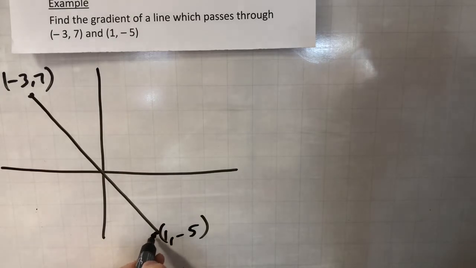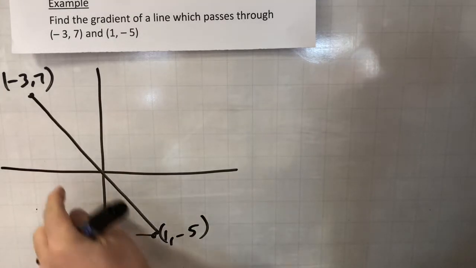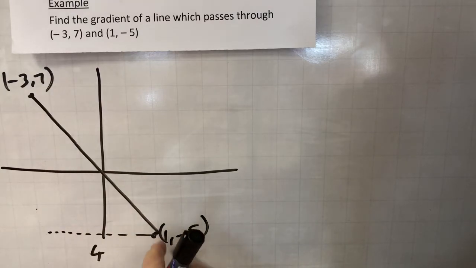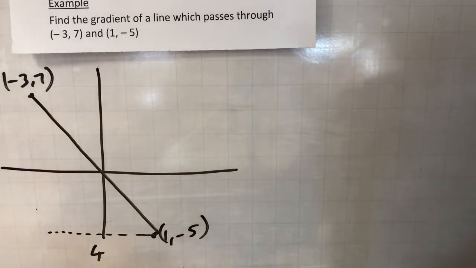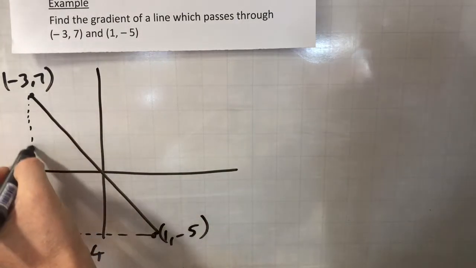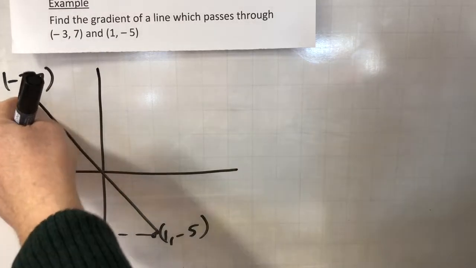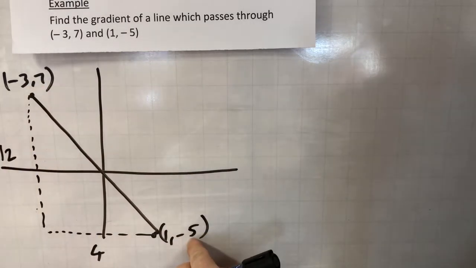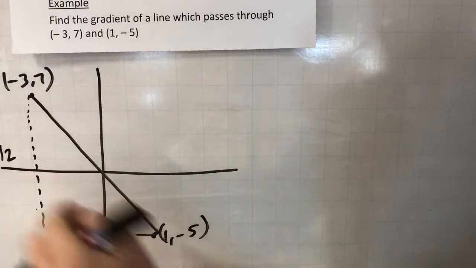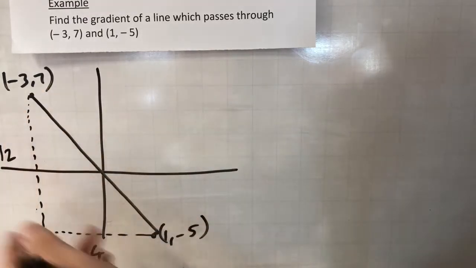We can see that we have gone across a total of 4 units, i.e. 1 take -3, for example, is 4, or -3 to 1 is 4 units across, nevertheless. We can see that going from -5 up to 7, we've got 12 units, or arguably 7 take -5 is the same as 7 plus 5, 12 units, or -5 to 7, 12 units.